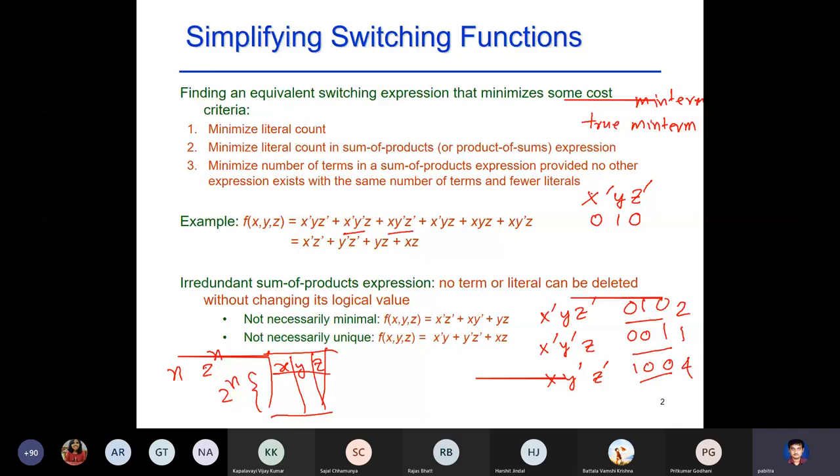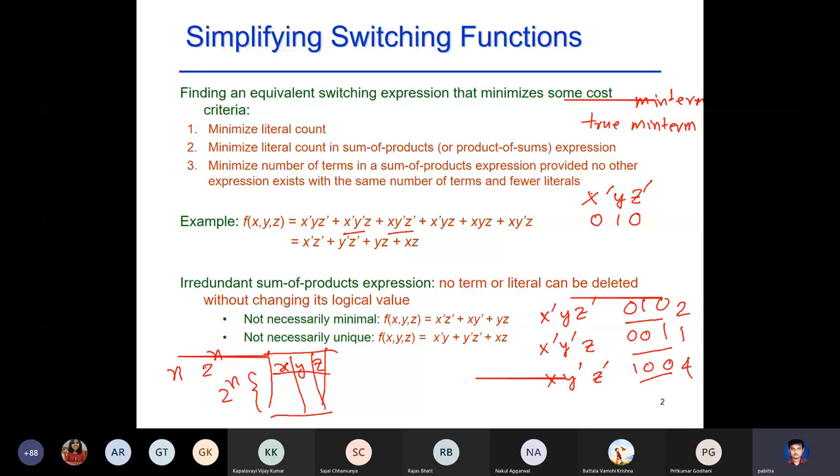So one simple sum of product representation of a function is that you just pick up your true min terms and add them by sum. That's what we have done in this function: we have picked up the true min terms and added them, and that gives you the function.